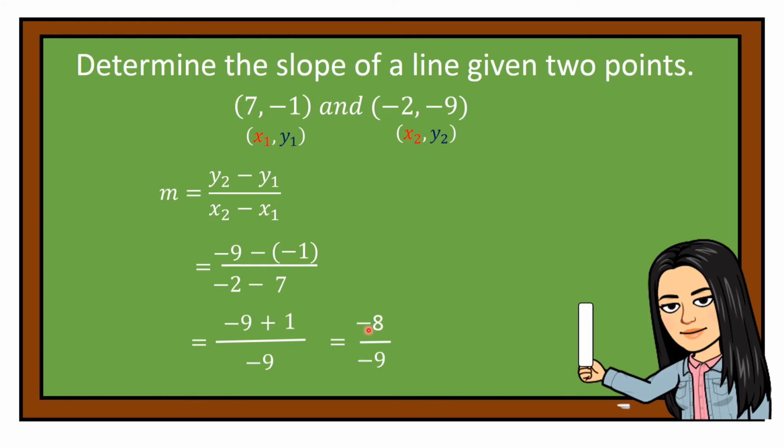And then, negative 8 over negative 9 is equal to 8 over 9. Isa sa rules ng division of integers, kapag nag-divide tayo ng parehong negative na number, the final answer will result to positive. So, this will be our final answer. So, our slope is 8 over 9.